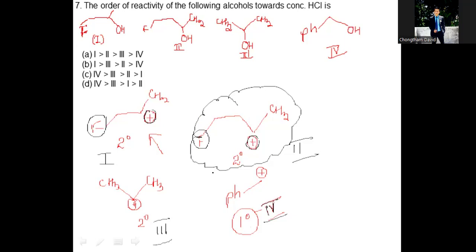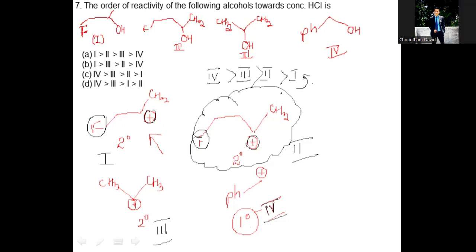Thus, the stability order of the 4 carbocations and the reactivity of their parent alcohols, you can now generate the sequence. Yes, you can observe from the carbocation, it goes 4, 3, 2, then 1. See, all this logical explanation comes from the presence of the EWG group.